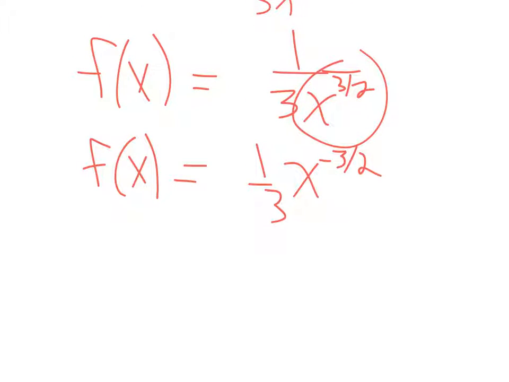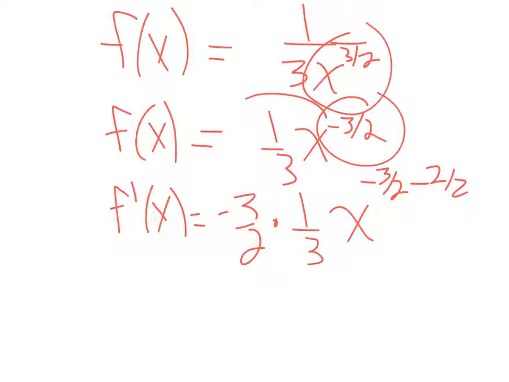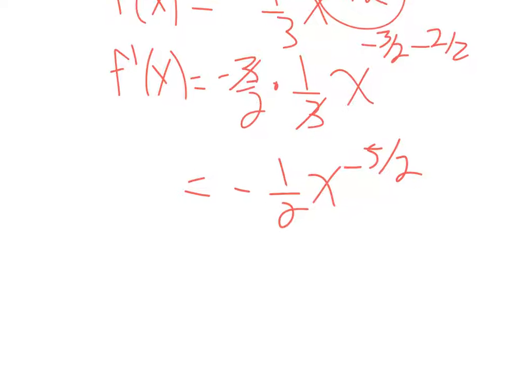And now we differentiate. F prime of x equals, bring that to the front, negative 3 over 2, multiplied by the original coefficient of 1/3, x to the negative 3 over 2 minus 2 over 2, because I have to minus 1. Divide out the 3's, so it becomes negative 1/2 x to the negative 5 over 2.